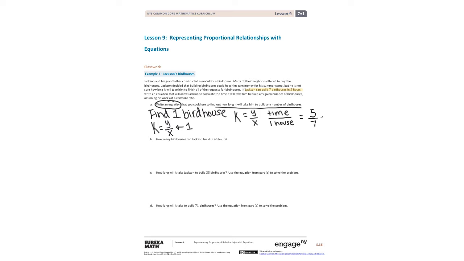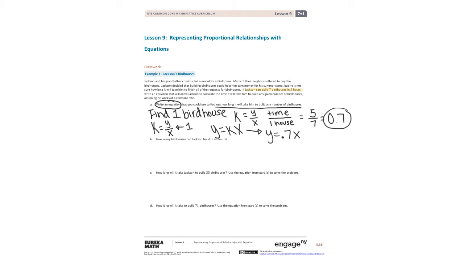All right. Your answer will be 0.7. Now we need to write our equation with our constant, that is 0.7. So we have Y equals our constant times X, and when we rewrite it, it will be Y equals 0.7X.